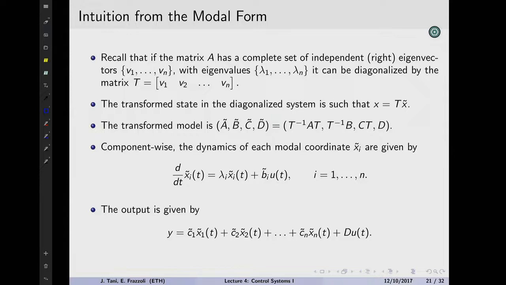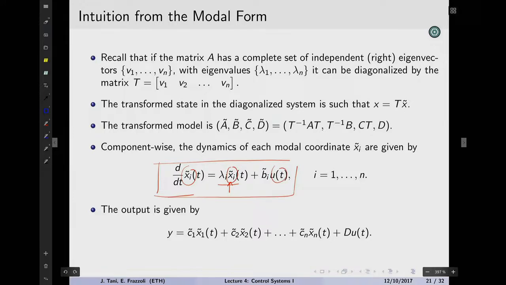So, going back to the original system, if you put any random initial condition, your response can always be broken down into sums of the different modal coordinates. If we look at each one of the modal coordinates independently, the evolution of one of the components of the x vector is just given by the evolution of that modal coordinate and the input, of course, on that specific direction.